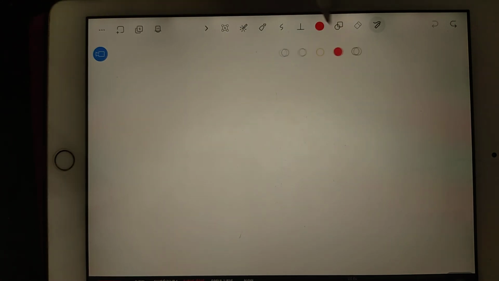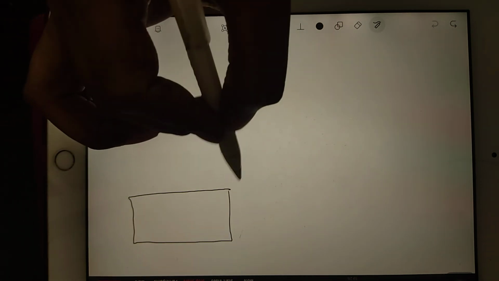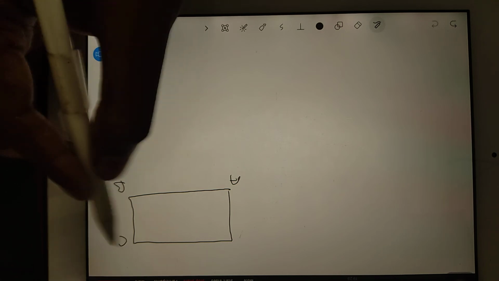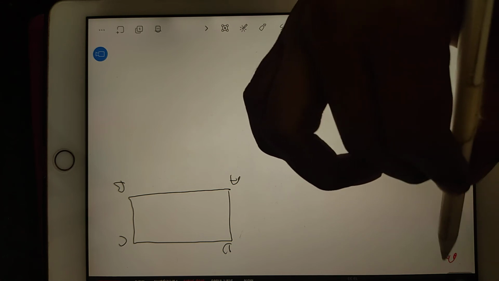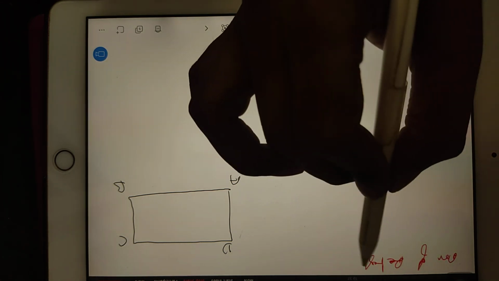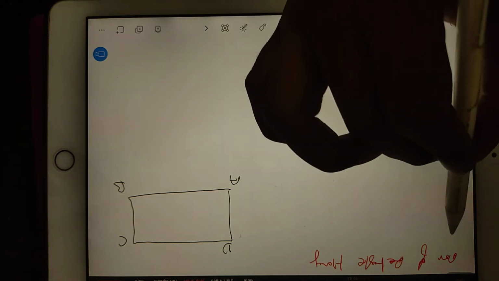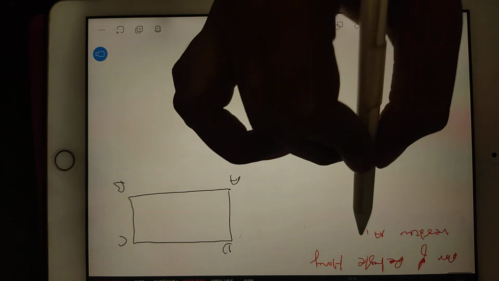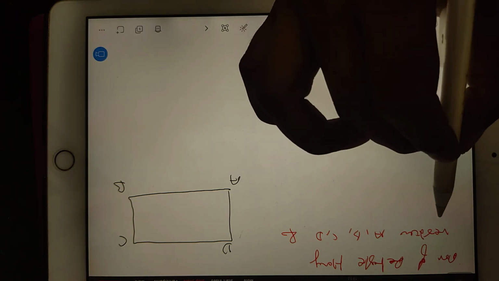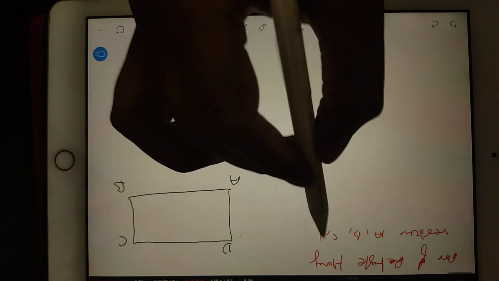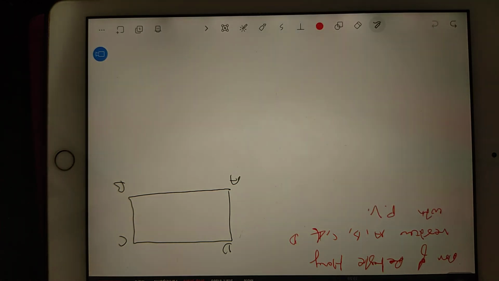Now we have a very good question for the area of a rectangle. I have a rectangle like this. The rectangle name is A, B, C and D. Actually the question is mentioned like this: area of rectangle having vertices A, B, C and D with position vectors.